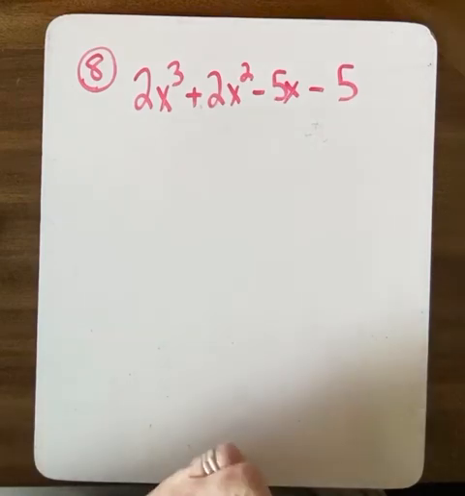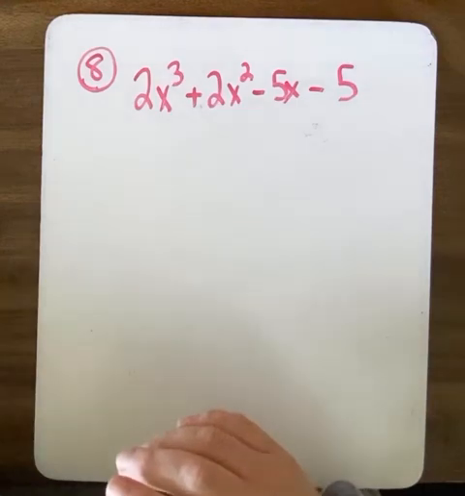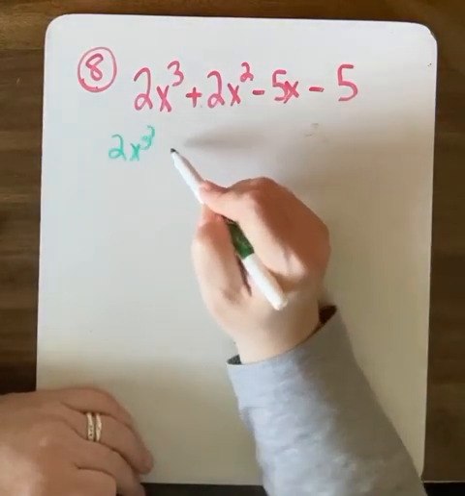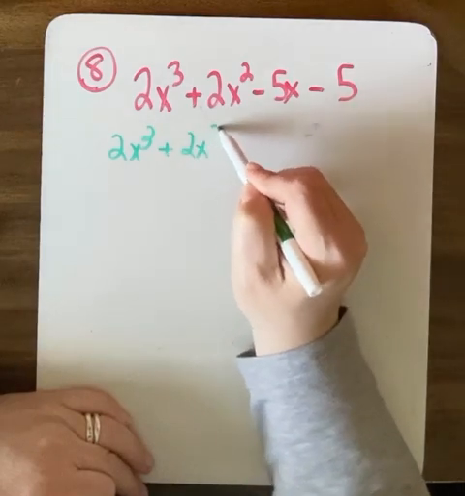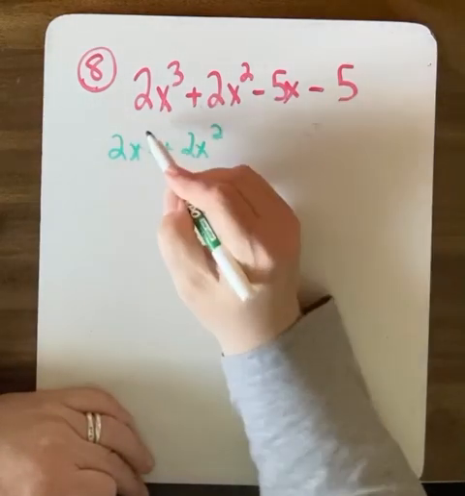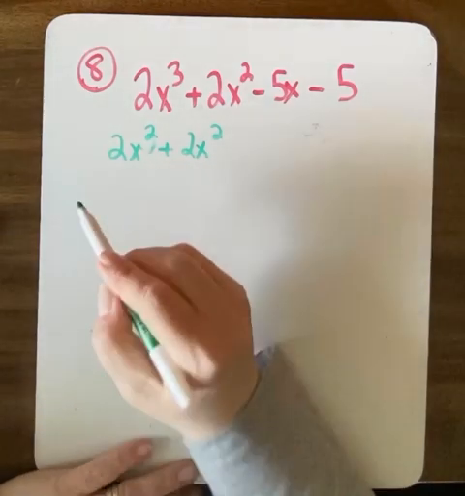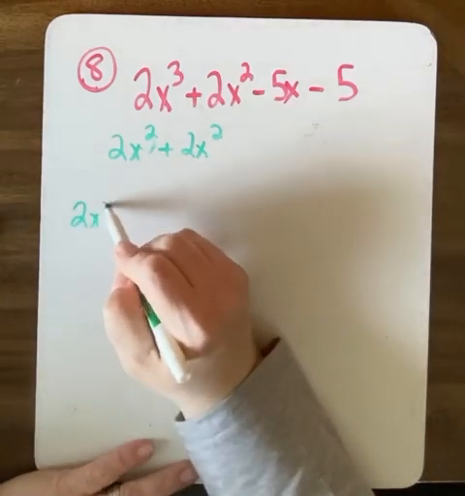We look at these 4 terms and we group them into 2 parts. If I look at the first part here, 2x to the third plus 2x squared, I think about what's the GCF here. The GCF here would be 2x squared.